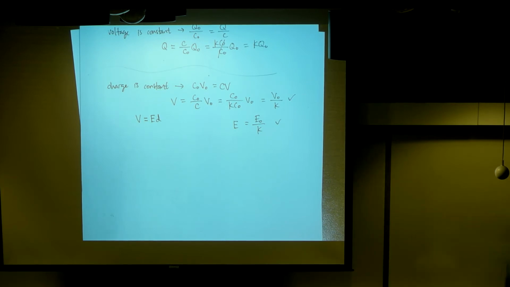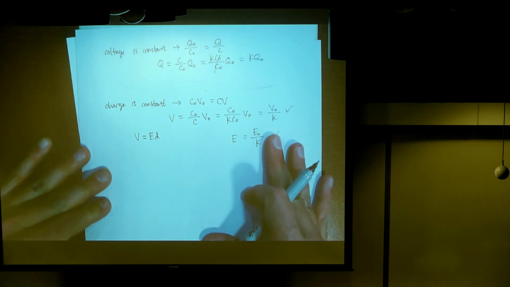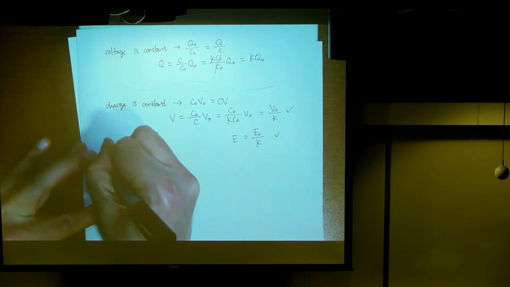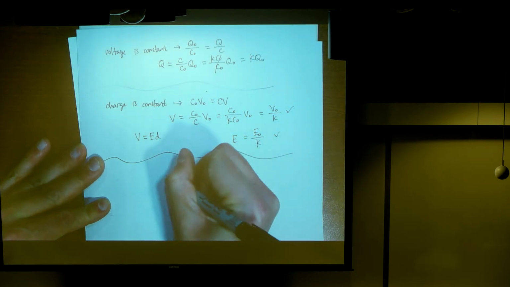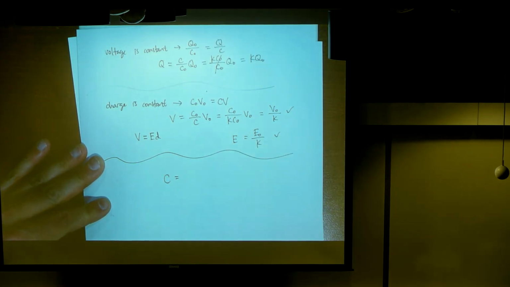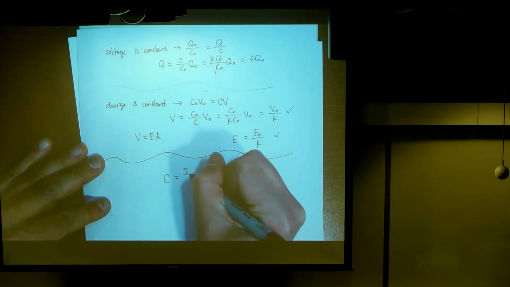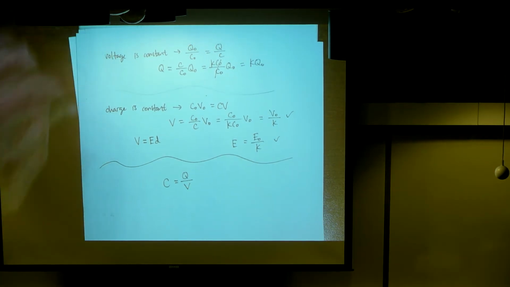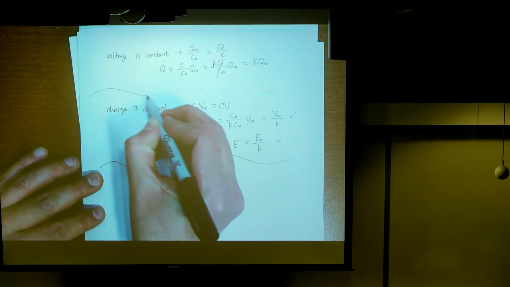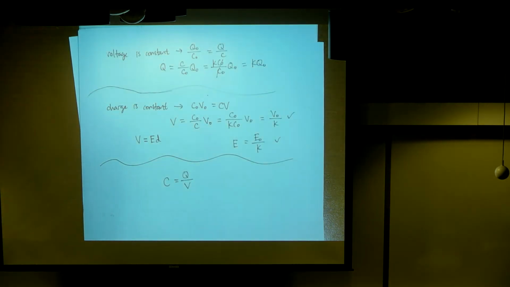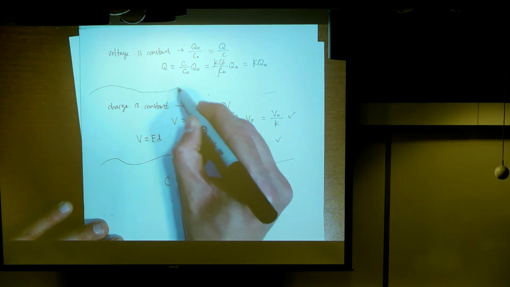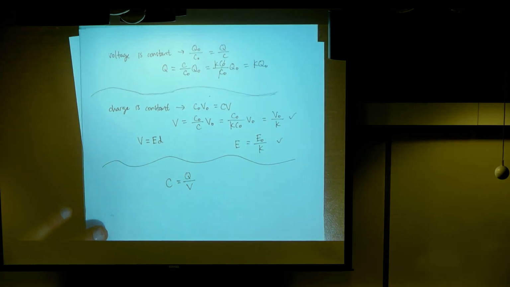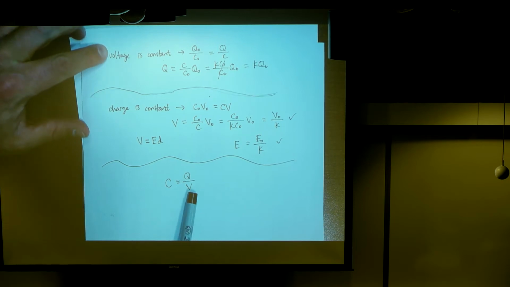Okay, so here, let me just say one more thing about this real quick. C, the definition of capacitance, right, is Q divided by V, correct? So we just took a look at these two different scenarios. One in which voltage is held constant, and this other in which charge is held constant. So if we look at the first scenario, we're keeping V, which is on the bottom, exactly the same, right?